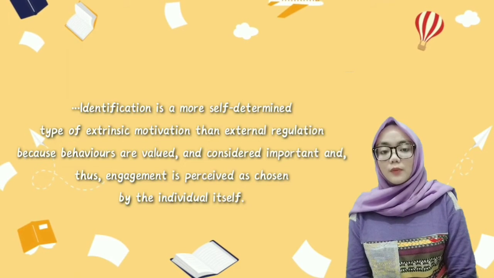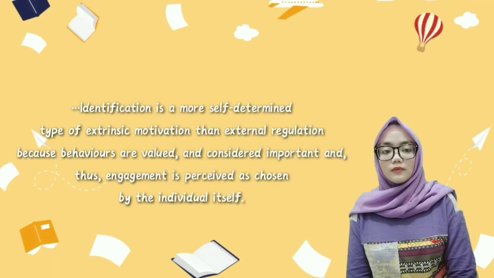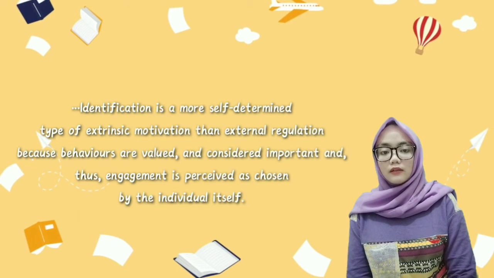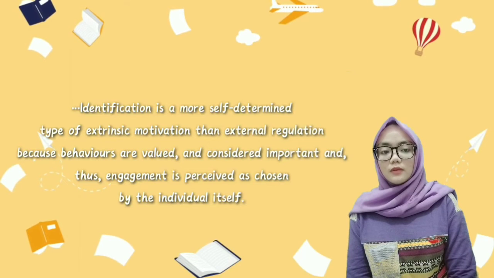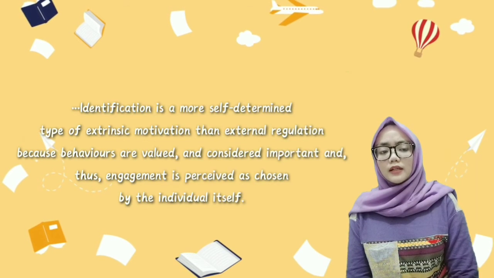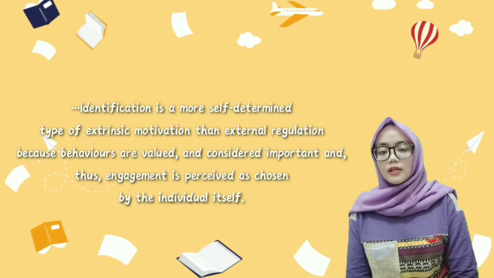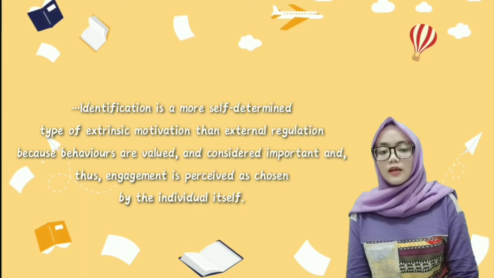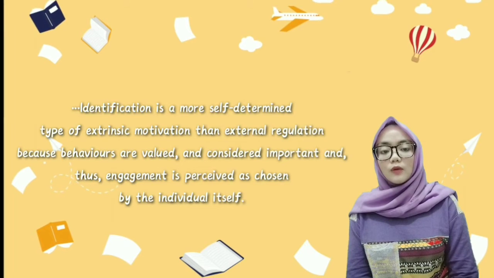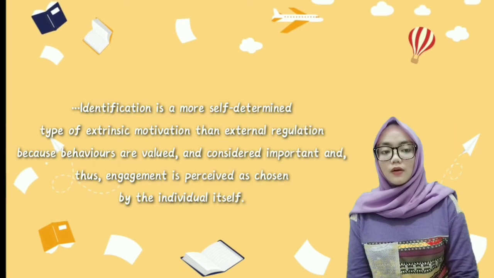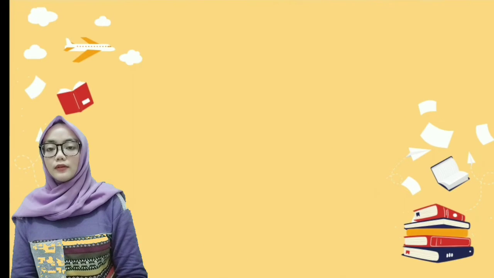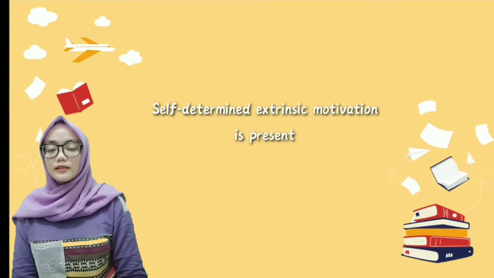At this level, behavior is still performed for external reasons, although it is considered part of the self, and goal-directed behaviors may be consistently pursued. The absence of intrinsic reason is why behaviors that are the outcome of integrated regulation are not considered fully self-determined.